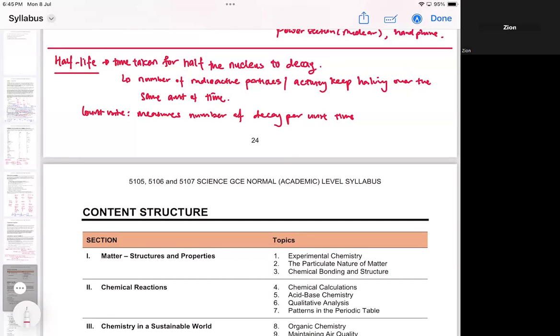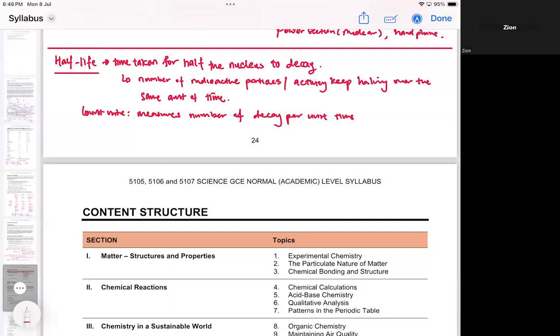Half-life is the time taken for the particles, either the number of radioactive particles or the count rate, which is the amount of decay that happens, to drop by half. This timing is called half-life.